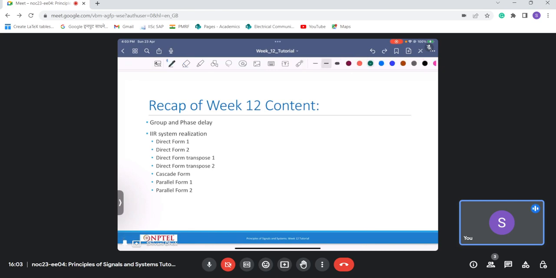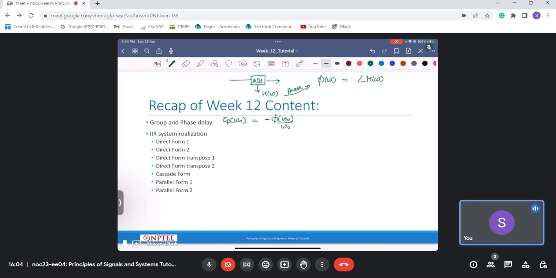The phase delay is given as tau p of omega naught and it is obtained as minus phi of omega naught by omega naught, where phi of omega is basically the phase of any system response. So if I have an LTI system h(t), then its Fourier transform is H of omega and the phase of it is phi of omega.